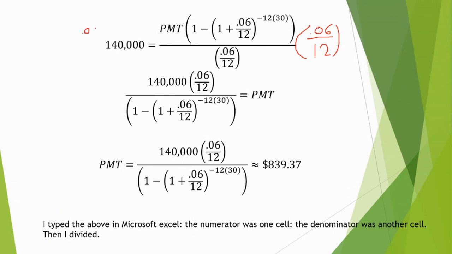We're going to multiply both sides by that, because again, the PMT is what we want. And by multiplying both sides by this, this part is gone. And now what's left over is the numerator here. So we divide both sides by what's in these parentheses, as you can see.